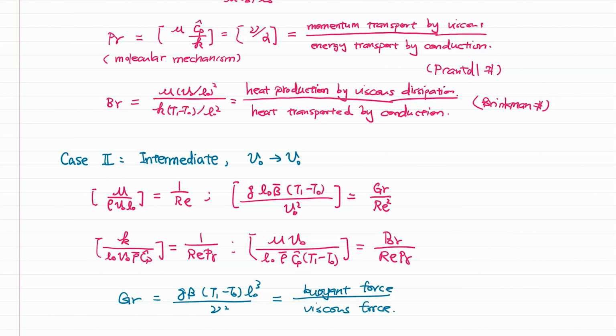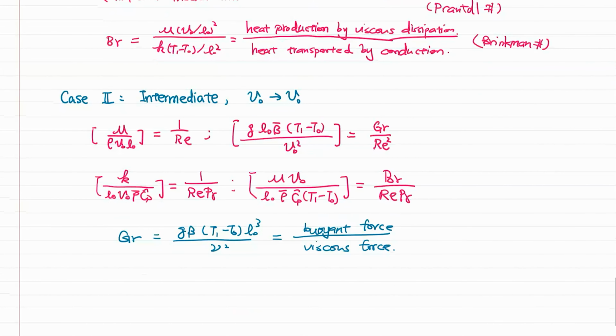If the Grashof number is large, then the buoyant force can exceed the viscous drag, meaning it's easier for free convection to happen. But if the Grashof number is small, you have a strong viscous force that is going to stop free convection from occurring.